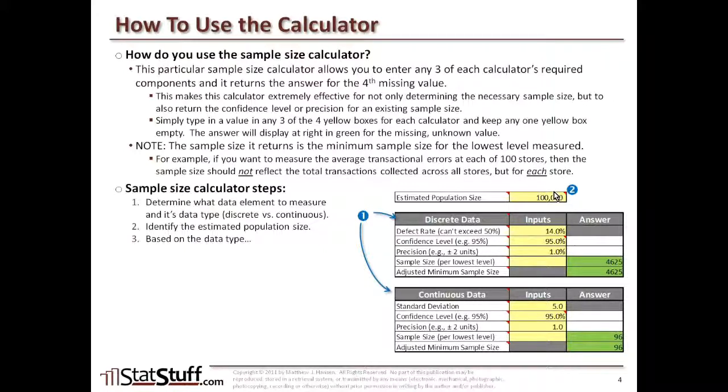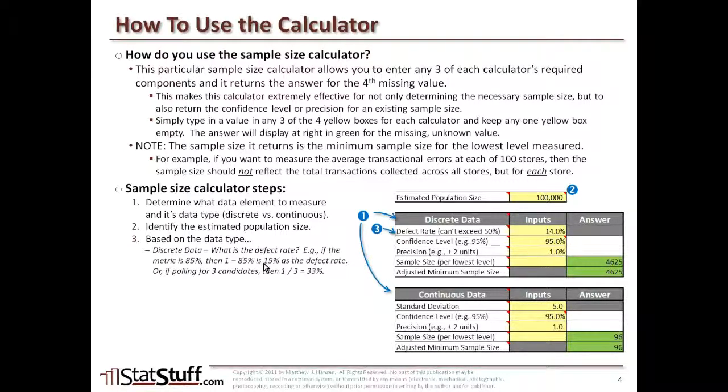And then again, based on the data type, whether it's discrete or continuous, if it's discrete data, then you want to figure out what the defect rate is. This is the first component within that calculator. Again, as we've talked about before, if you have a metric that's 85%, then 1 minus 85% is 15%. That's the portion that is less than 50%, so that's the portion you can plug in there, even though it may not actually be a defect itself, so don't let the word defect throw you off.